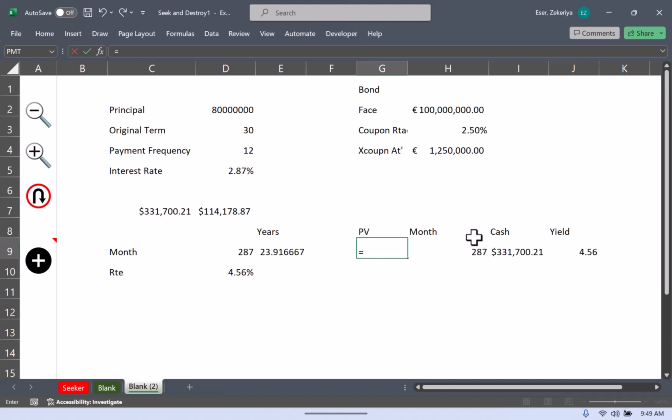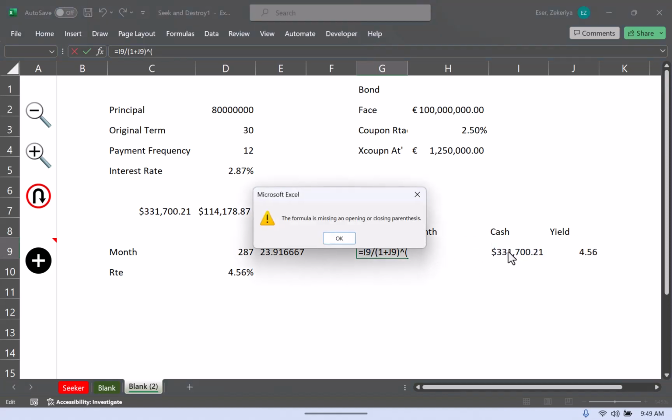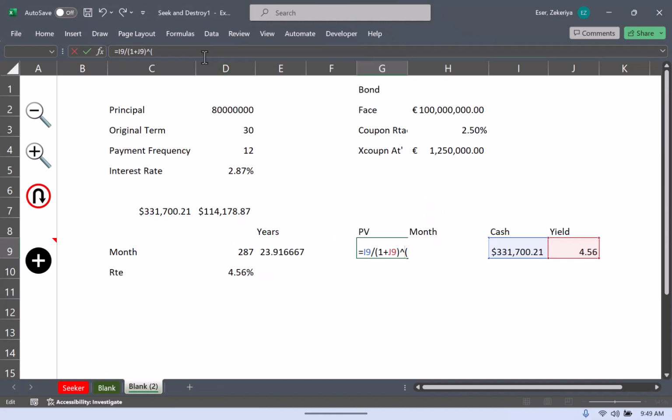Cash divided by 1 plus the rate raised to the power month over 12. Of course, this needs to be percent. If you discount everything at 456% for 23 years, you're not going to have much left.